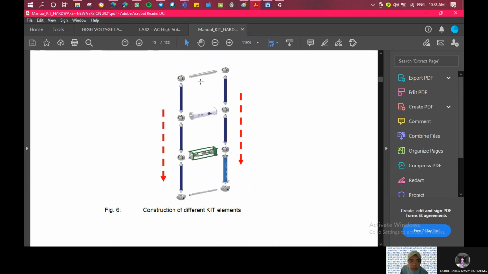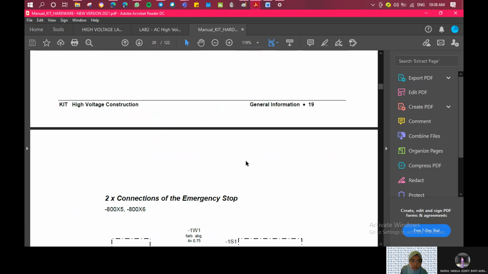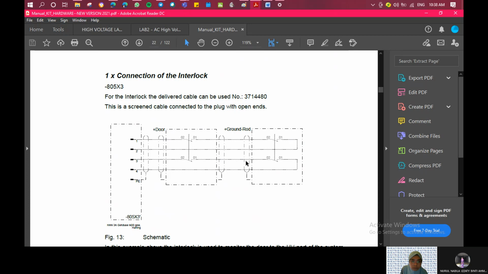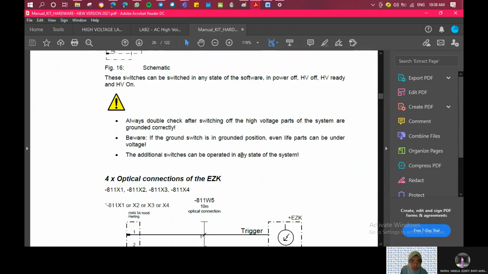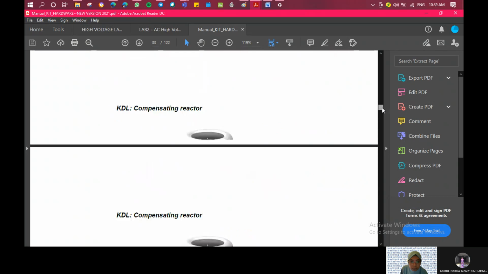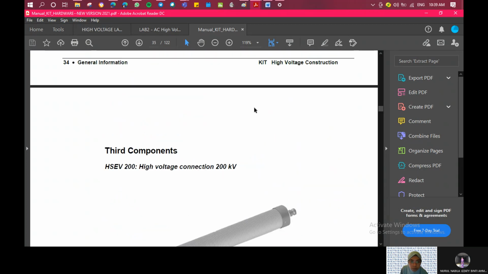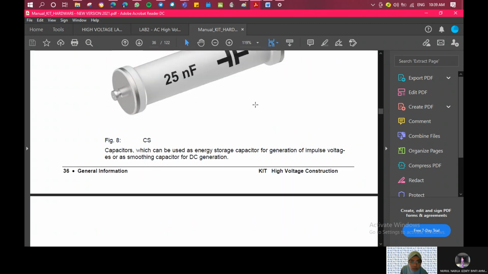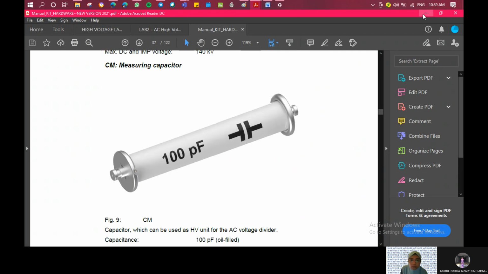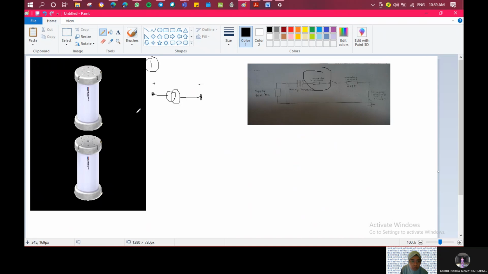Okay, here they are. So we can use this, number 1, which is a transformer.